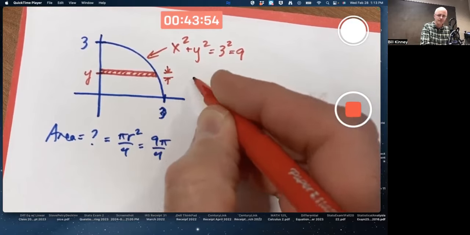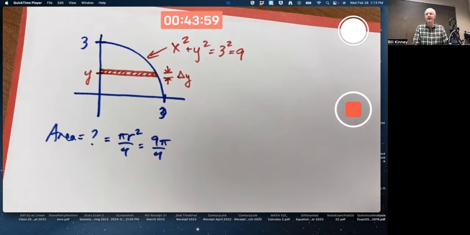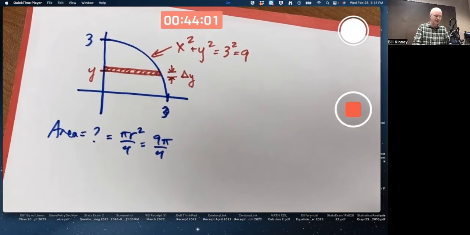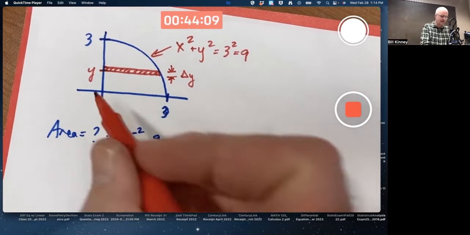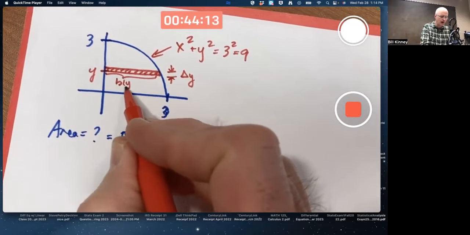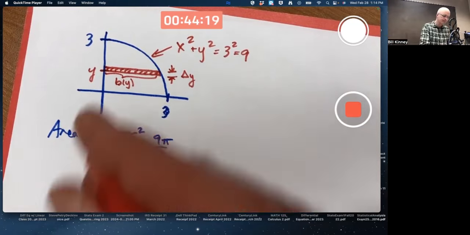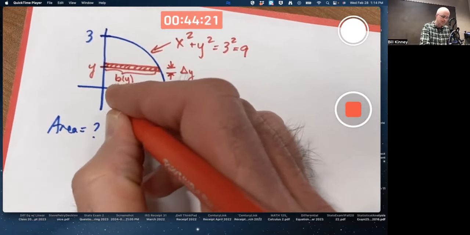This thin width or height is delta y. It is the height of these thin slices. And let's give the base of this thin slice a name. How about b of y? B standing for base of the object.